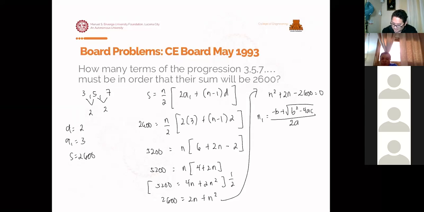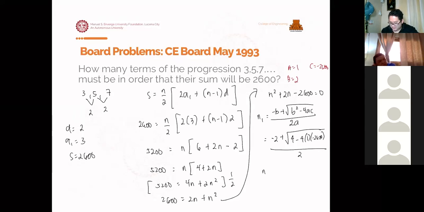Ang a natin dito is 1, ang b natin is 2, and c natin is negative 2,600. Calculate natin: negative 2 plus square root of 2 squared, which is 4, minus 4 times 1 times negative 2,600, all over 2.